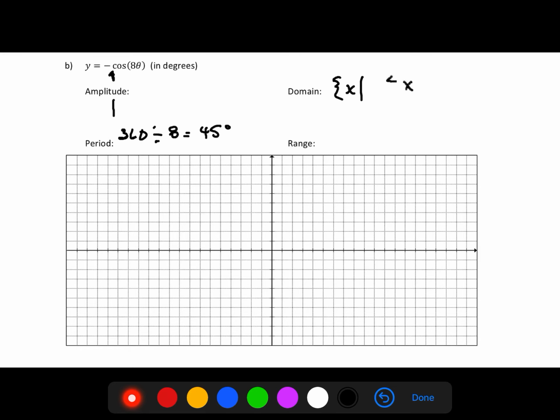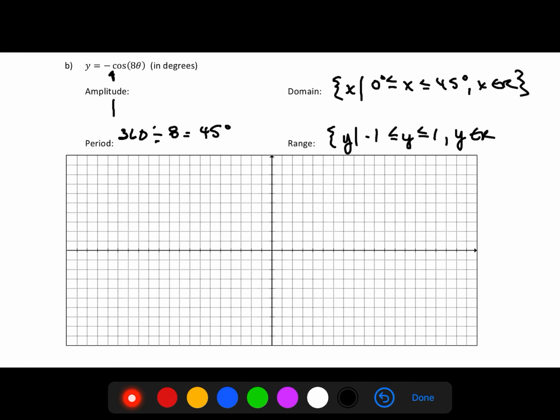Now that's not going to change our domain though. And in this case, it's not going to change our range, but we'll look at that a little closer in a second. So x has to be greater than or equal to 0 degrees, but less than or equal to 45 degrees, and can be anything in between. And again, we're just talking about this one cycle, not the entire function.